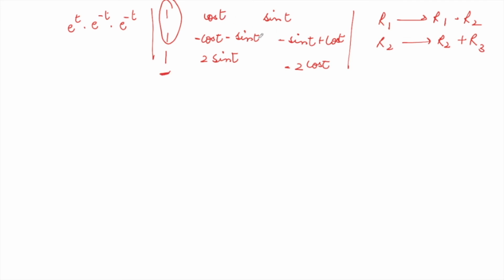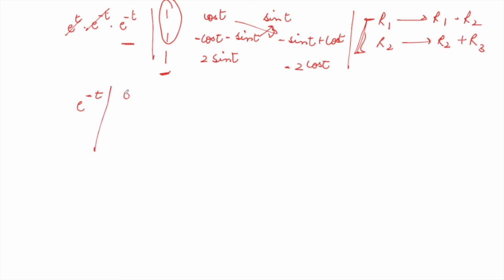So we only have to multiply and subtract these two, and then multiply these two. So it will be very easy to calculate. If I do these two operations on this determinant, then my determinant would be e to the power minus t, because this and this will get cancelled. So e to the power minus t is left.